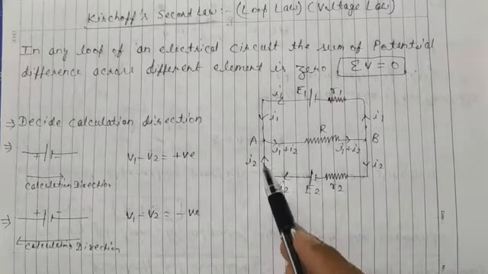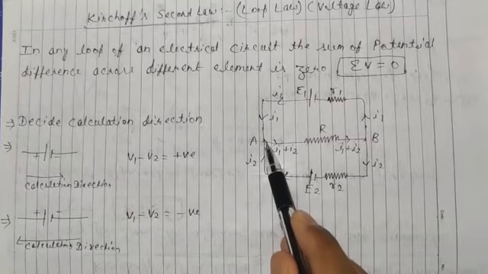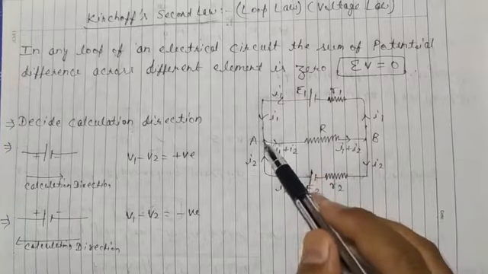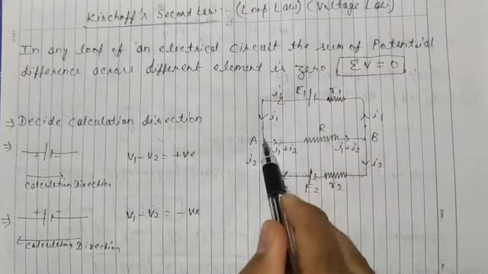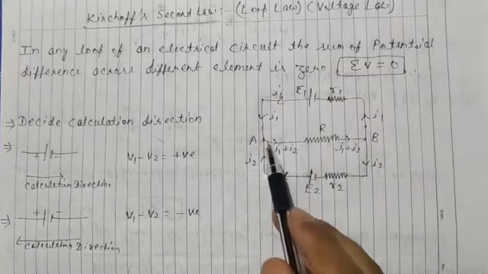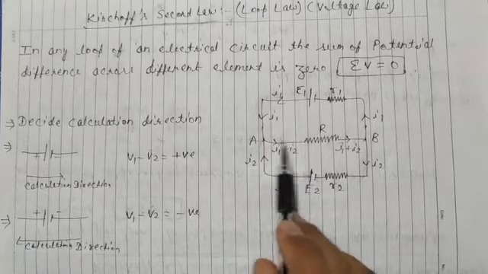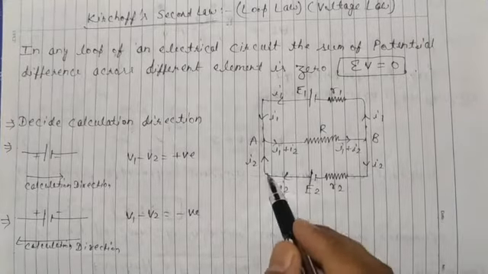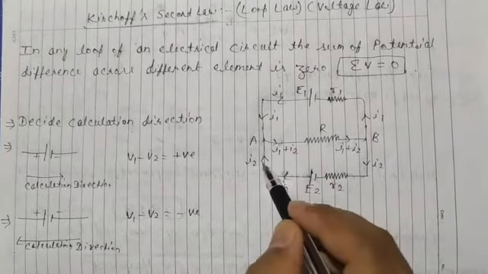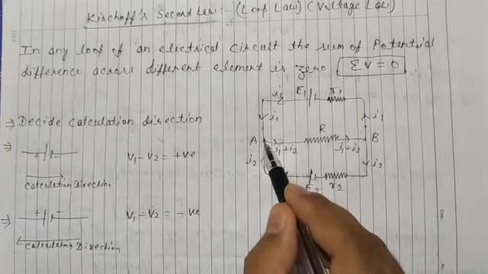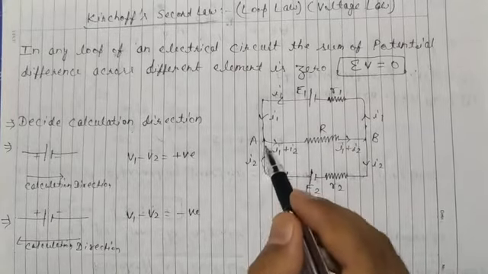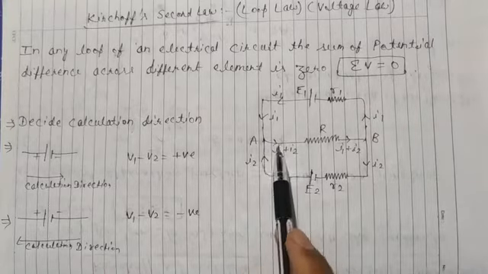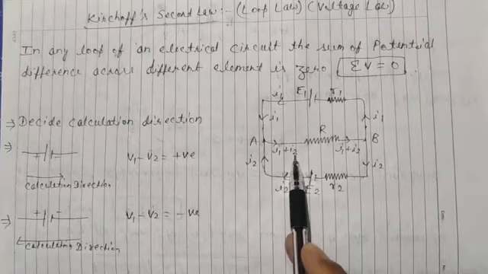I2 comes from here to this junction, and I1 coming from here reaches this junction, and across the junction the current will definitely change. I1 and I2 are entering the junction, and this current is leaving the junction. So this is I1 plus I2.